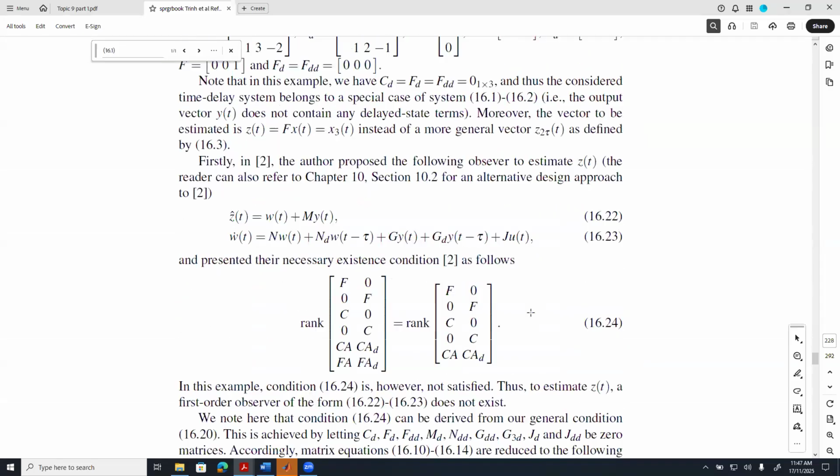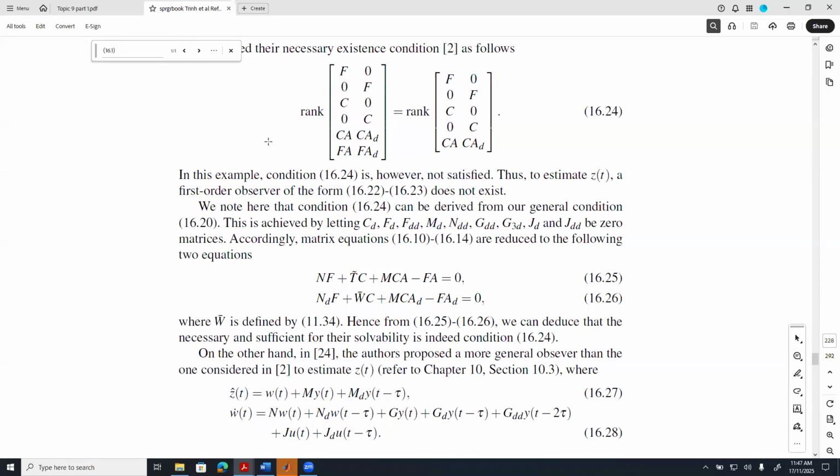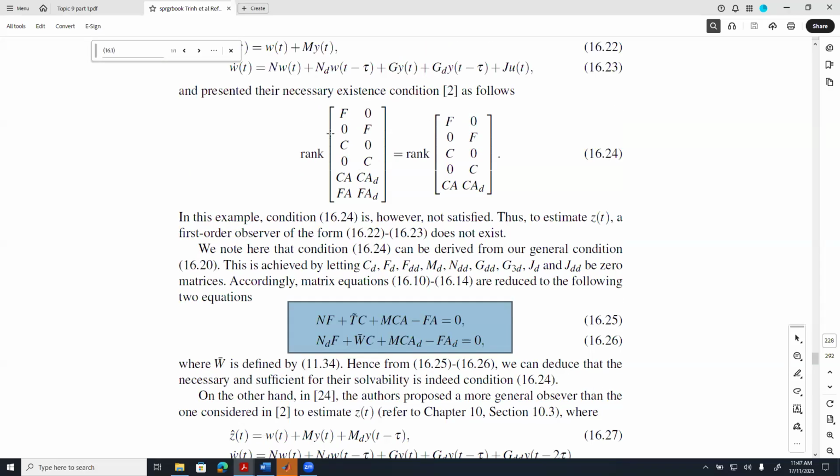That's what they are, and they are given here. Okay. And so if we have these two coupled matrix equations, we can stack them together, and then we can realize the necessary and sufficient conditions for the existence of these unknown matrices to satisfy these two coupled matrix equations, and they turn out to be this condition.